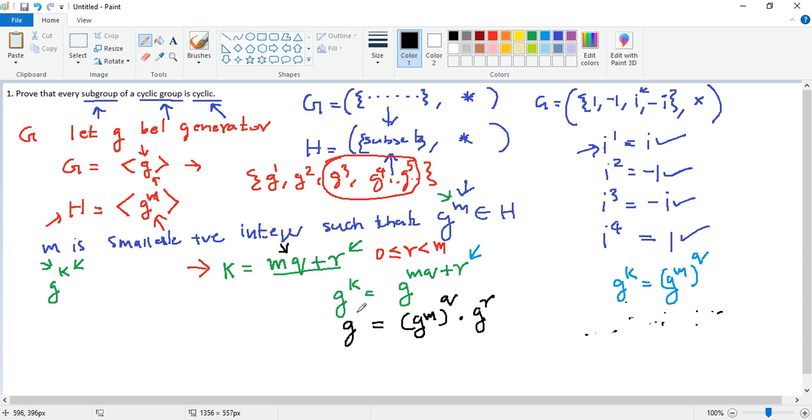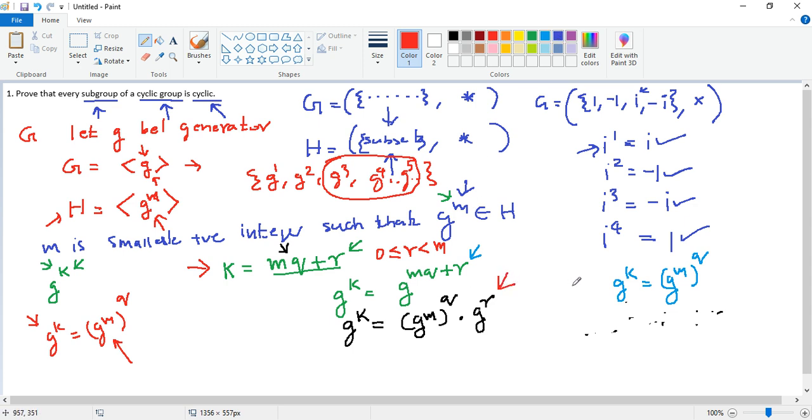So that's g raised to k. So what are we trying to prove? We are trying to prove that g raised to k is some power of g raised to m. Because if I can do that, then any arbitrary element of H is a power of g raised to m, which means g raised to m is a generator of that group, and so I can conclude that it is cyclic. Now the problem here is we don't need this, right?